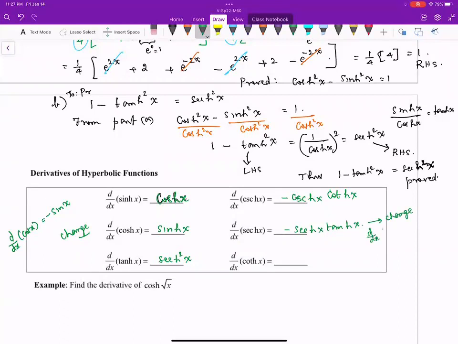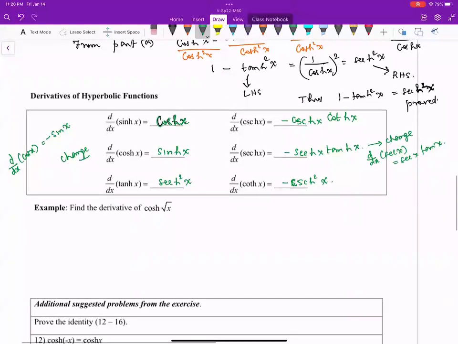Derivative of secant x is just secant x tan x for trig functions. Derivative of cotangent hyperbolic is negative cosecant hyperbolic square x. So it's better to memorize these formulas.